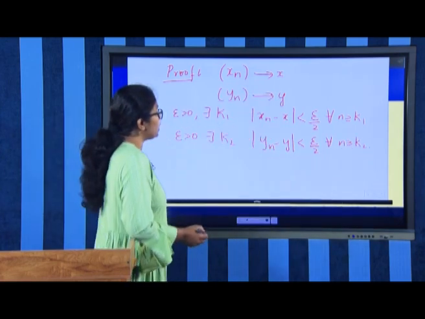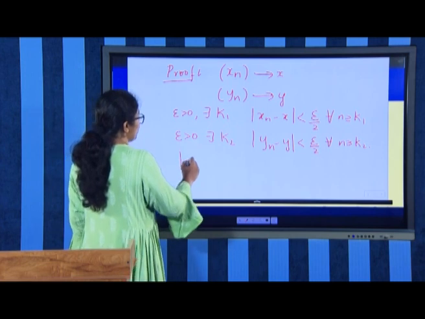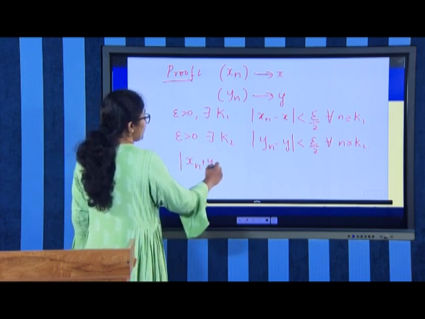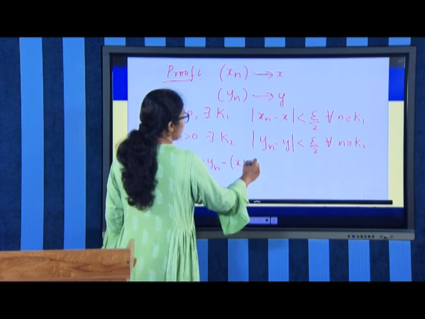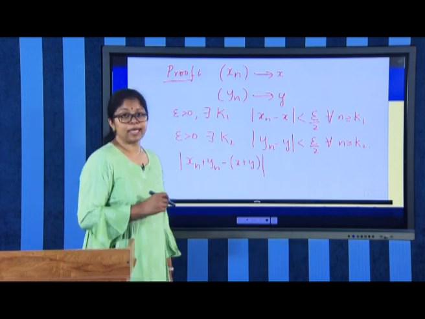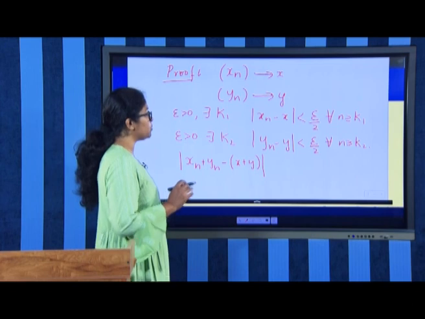What we want to prove is modulus of xn plus yn minus x plus y is less than epsilon for every n greater than or equal to some number.